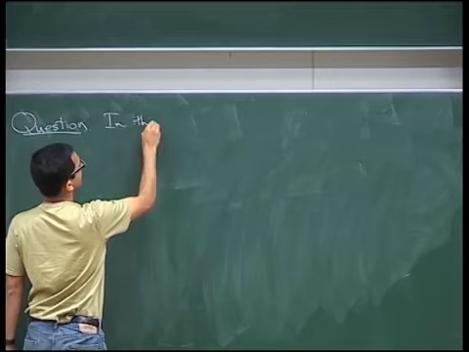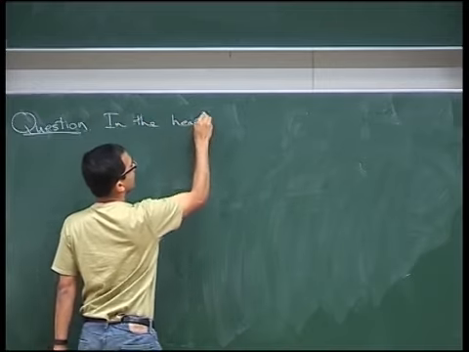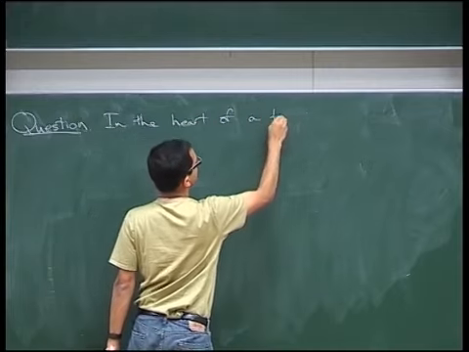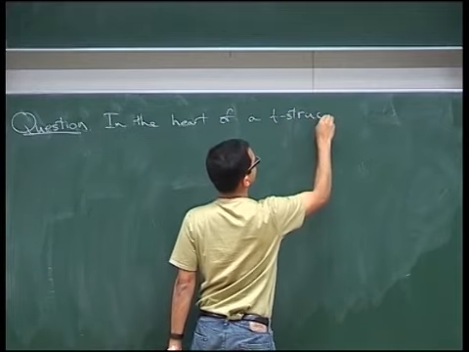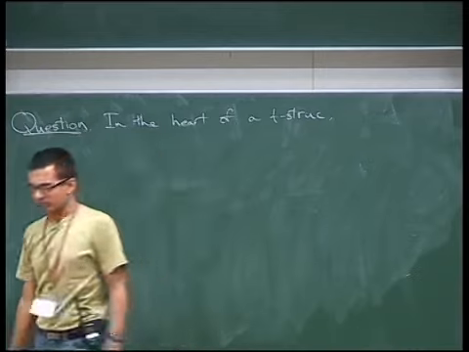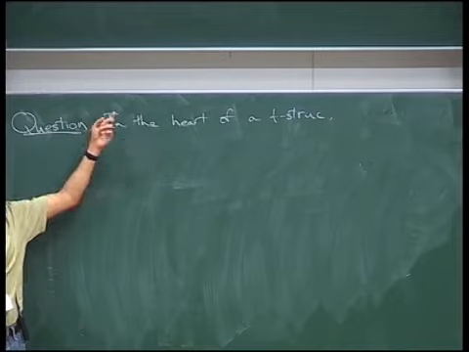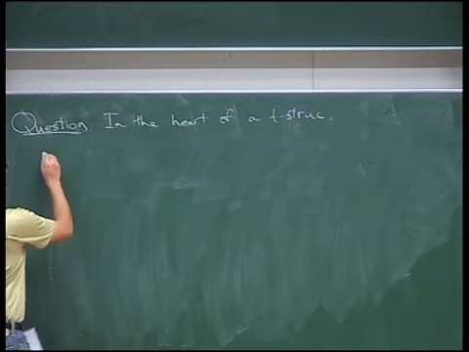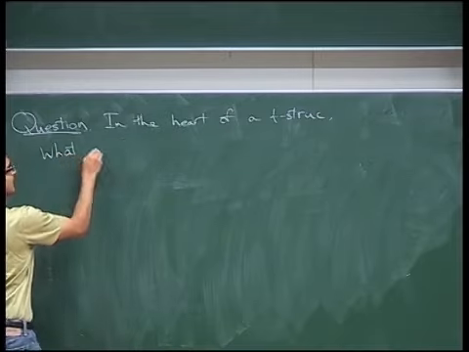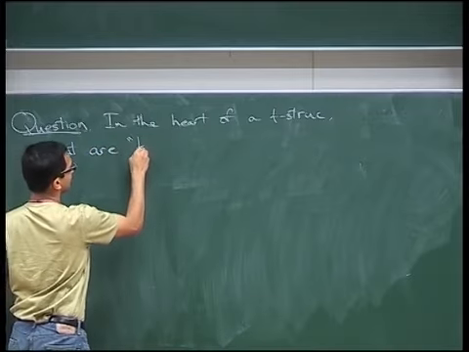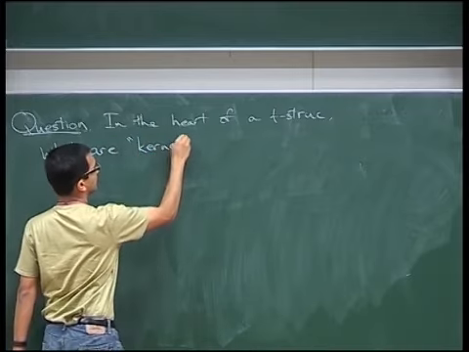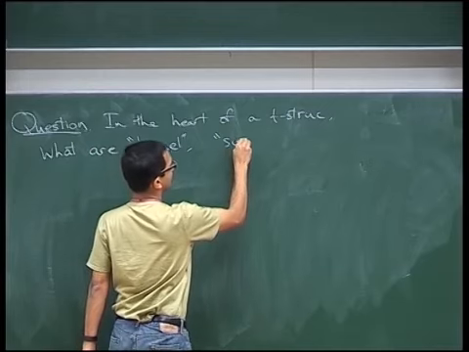So in the heart of a T structure, well, I made a point yesterday of emphasizing that in the derived category, words like kernel and surjective and all those things don't make sense. In the heart, they are supposed to make sense. So what do they mean? So what are words like kernel and surjective?